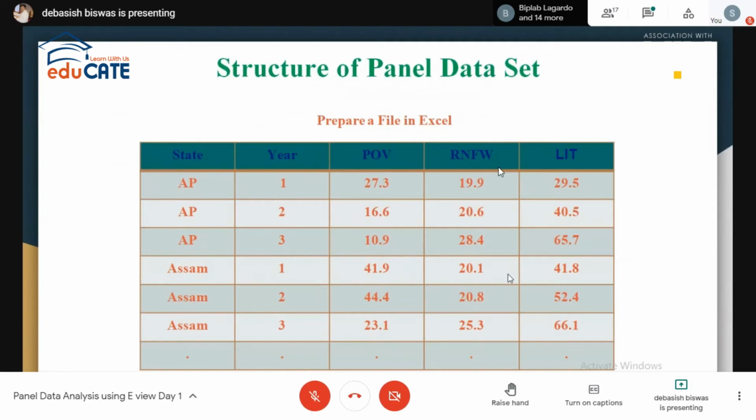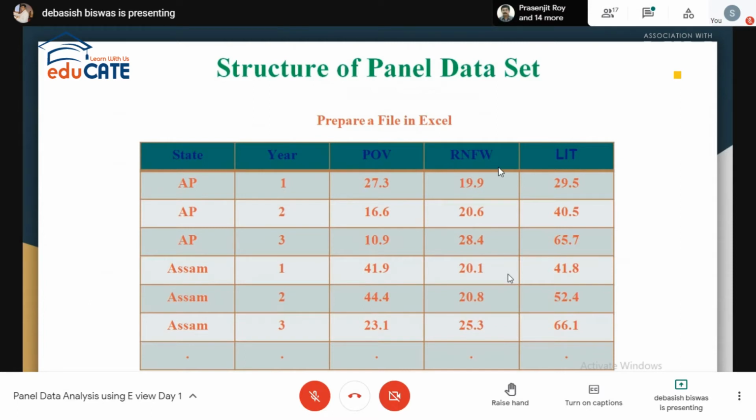The first thing is how to formulate your data structure. This is very, very vital. Otherwise, your software will not accept it. So when you are using Stata software, the first thing is you have to prepare your data set in your Excel file.